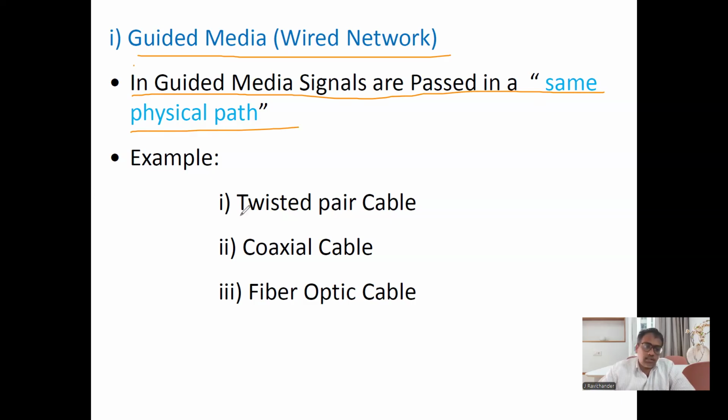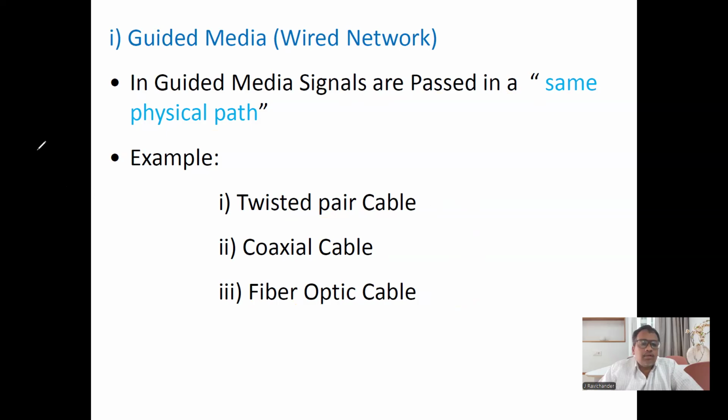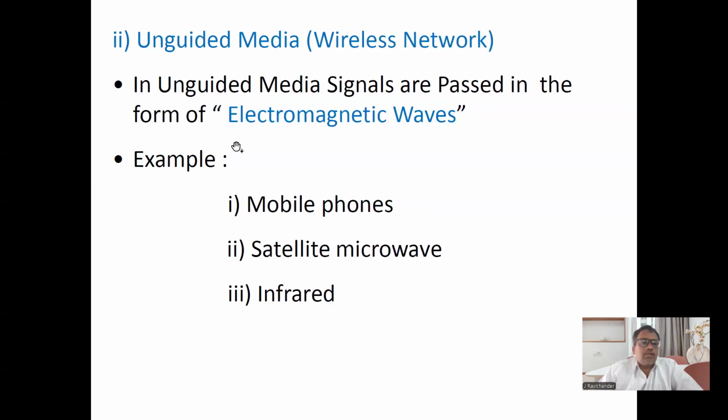Examples: twisted pair cable, coaxial cable, fiber optic cable. So these are the examples of guided media.